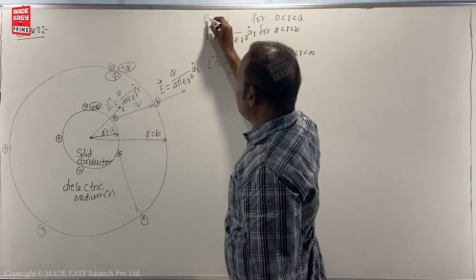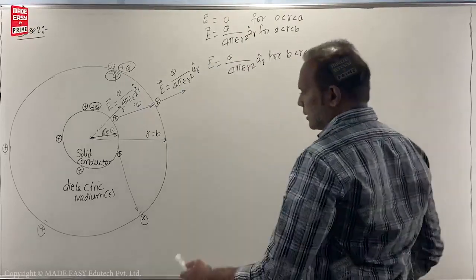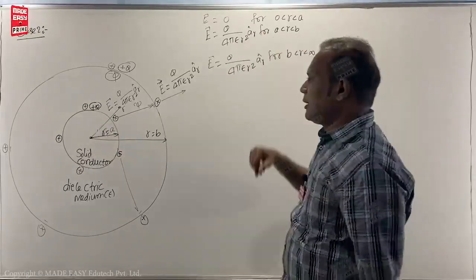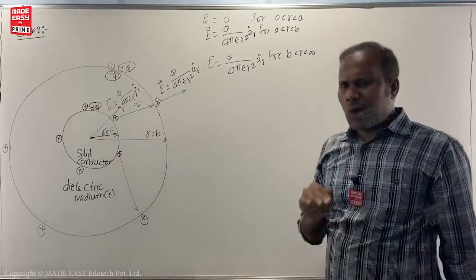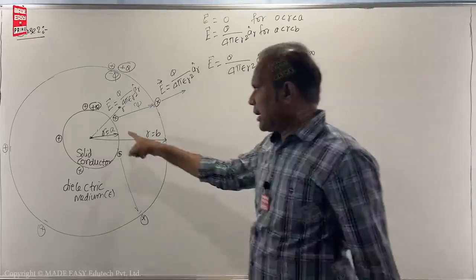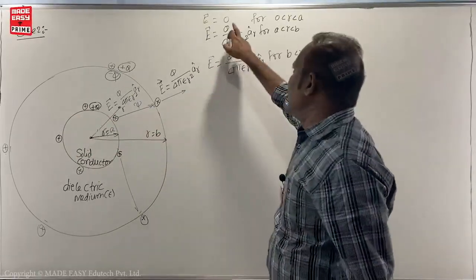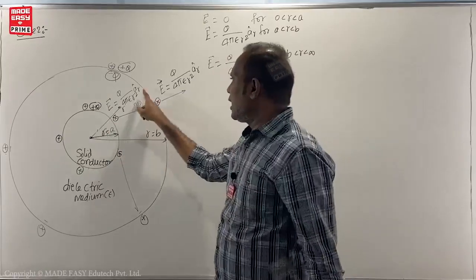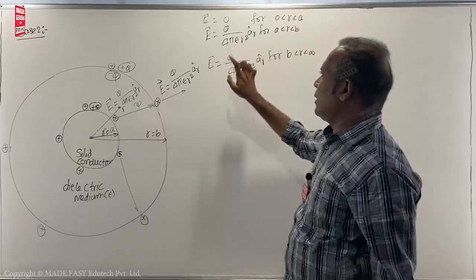The electric field is 0 because inside this sphere there is no charge, because non-moving charge always stays on the conductor surface. So the electric field is 0 for 0 to a radius. Between a and b radius, the electric field is this one.